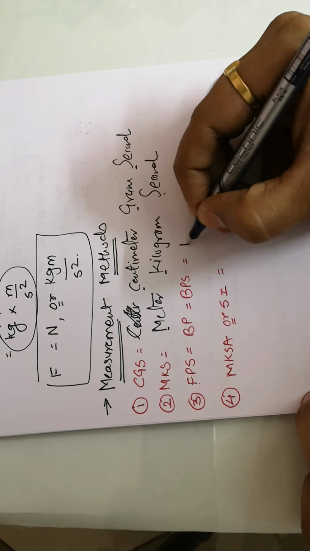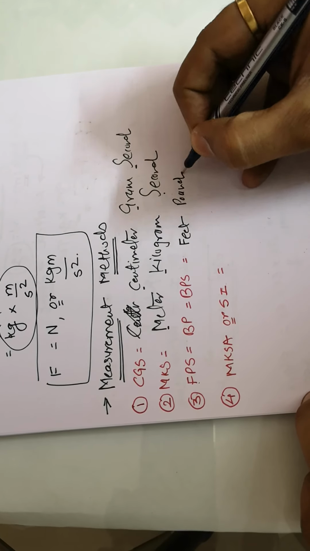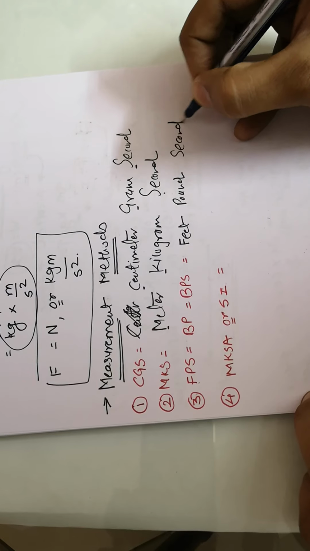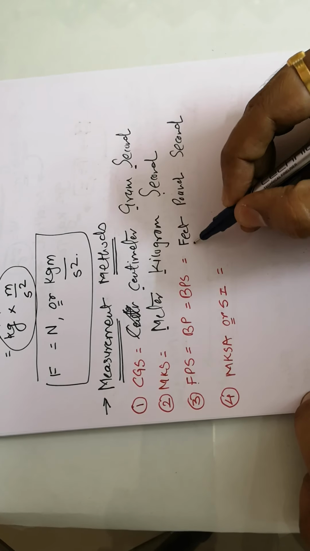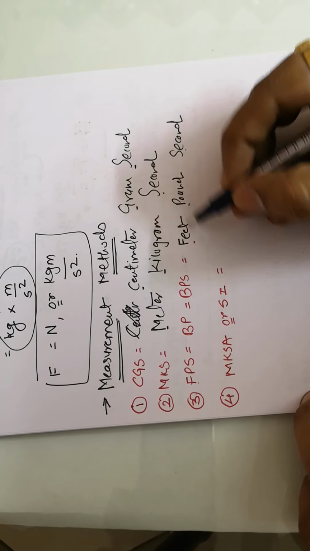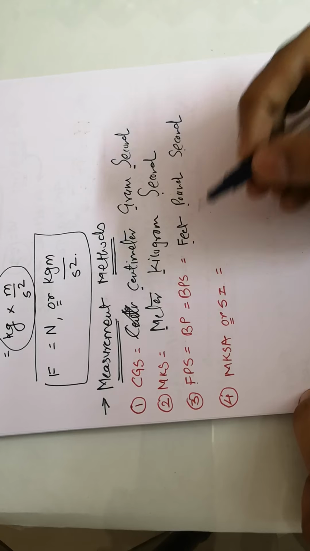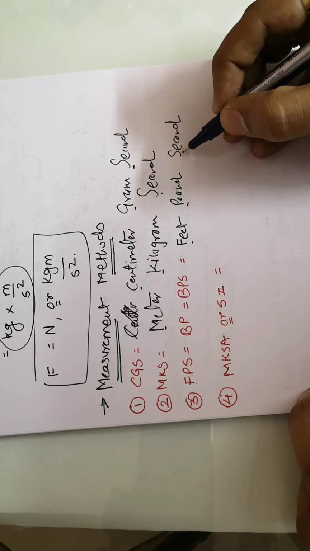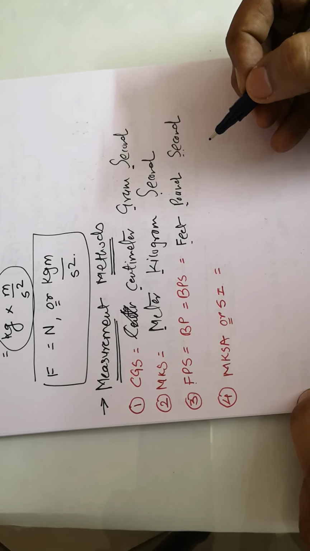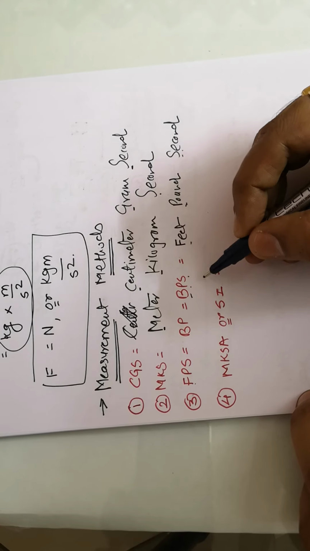FPS is foot, pound, and second. In the British method, people use length in terms of feet or yards, mass in pounds, and time in seconds. It is famously known as the British foot, pound and second method.